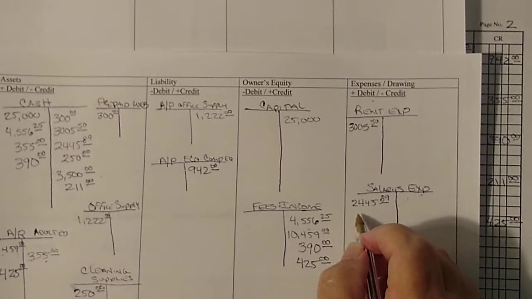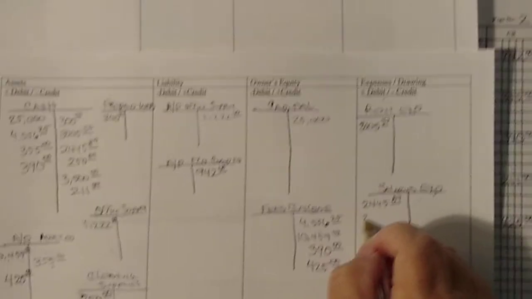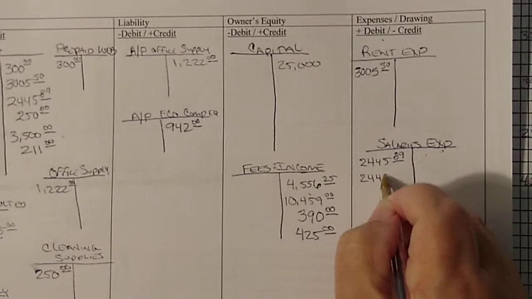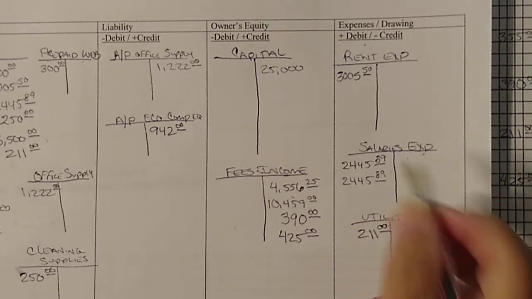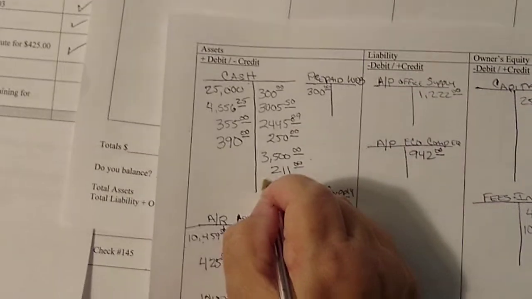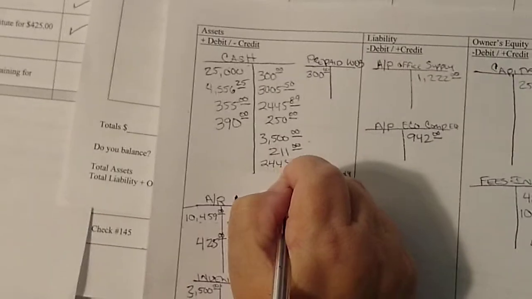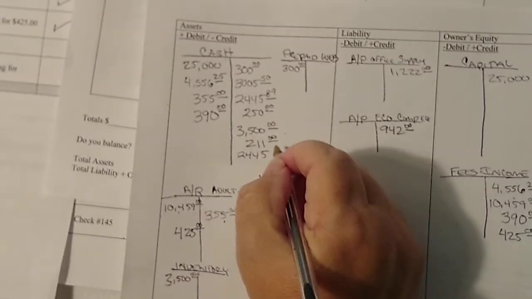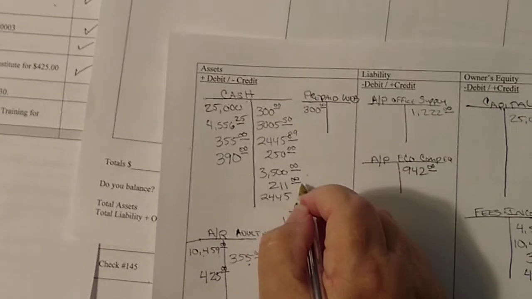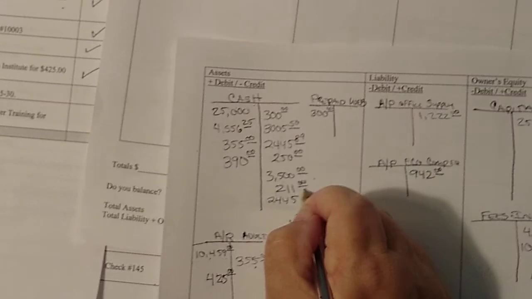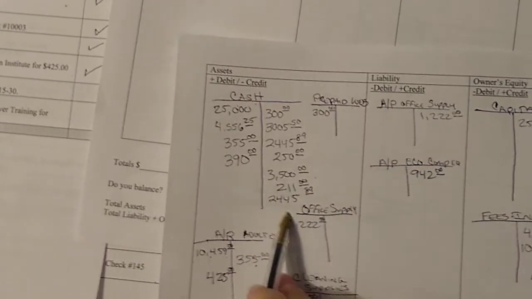So, it's the same amount. $2,445.89 is debited. And then over here under cash, $2,445.89 is credited, sorry.